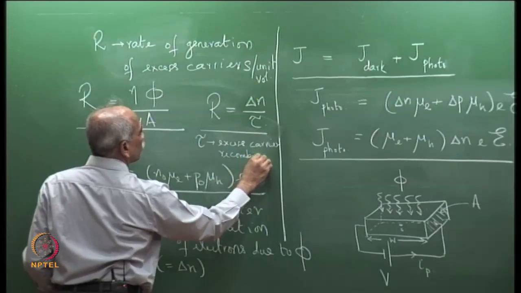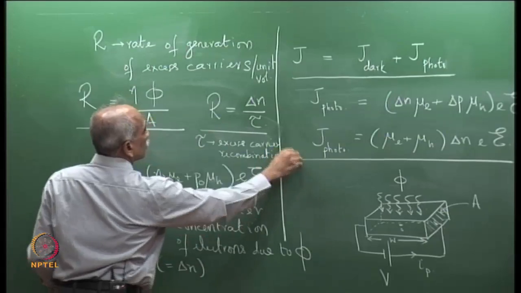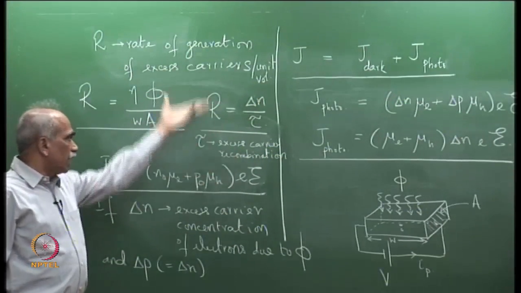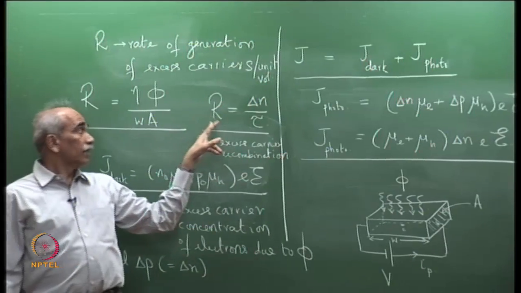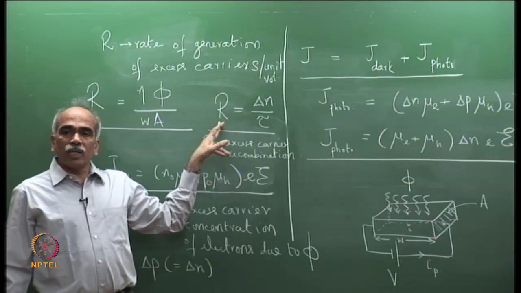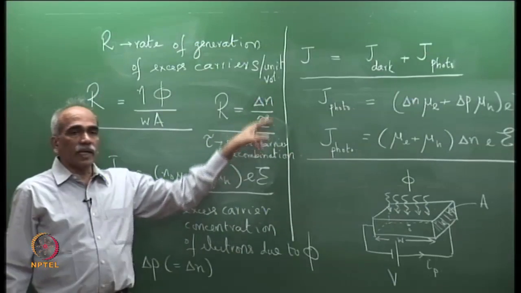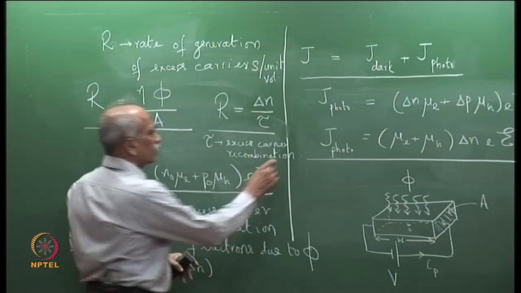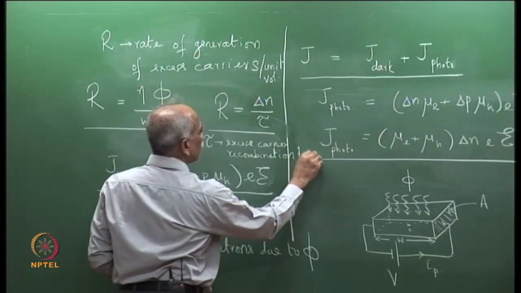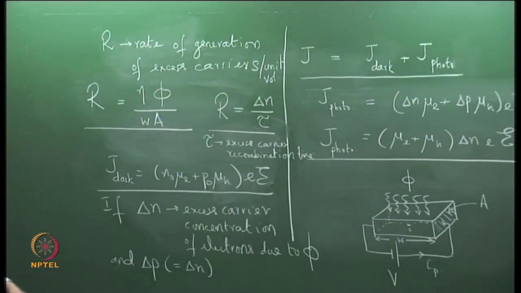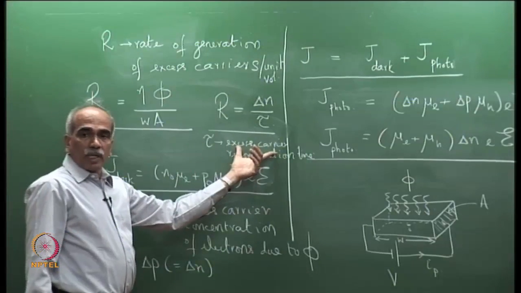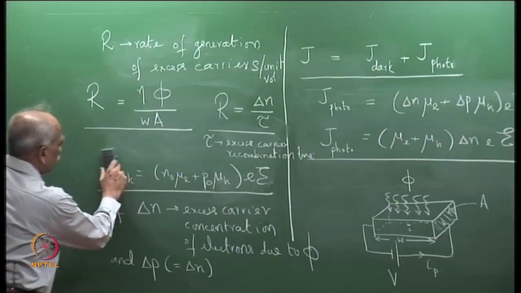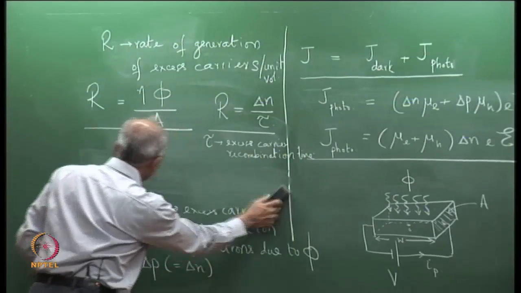At steady state, the rate of recombination is equal to the rate of generation, and therefore, let me remove this dark for a while.